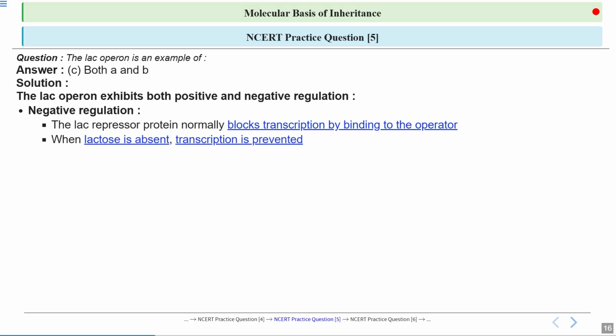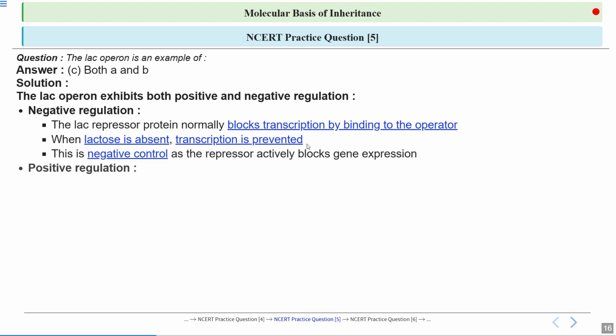When the inducer, which is lactose, is absent, transcription is prevented. This is known as negative regulation, which is done by the repressor protein. This is negative control of the lac operon, as the repressor is blocking or inhibiting the expression of the genes.